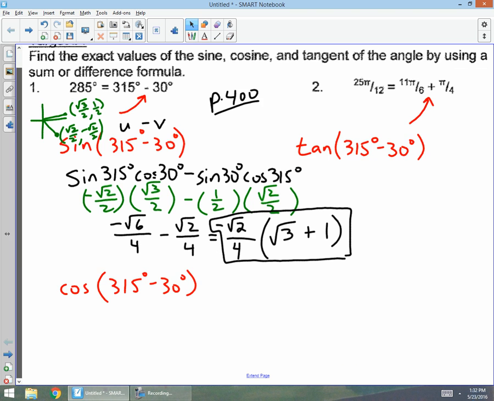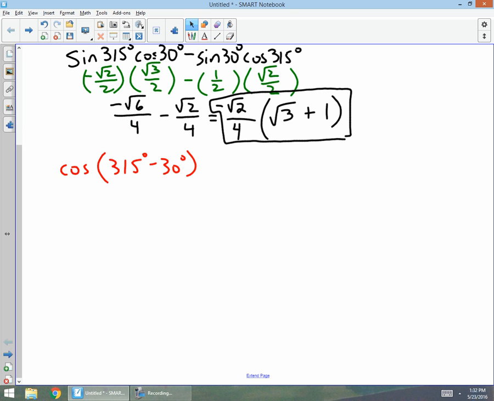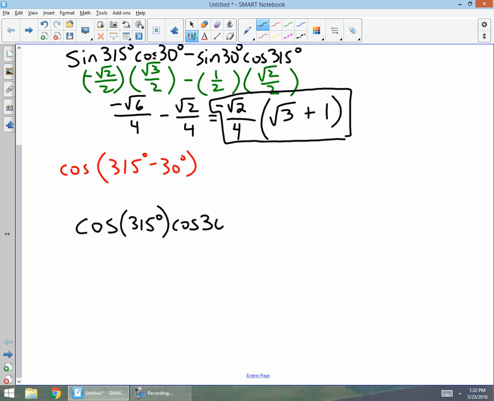Cosine, same thing, page 400 gives us the formula. U is going to be 315 degrees and V is going to be 30 degrees. Cosine's a little different because it goes cosine of 315 degrees, cosine of 30 degrees, and the parentheses are optional on this one. You don't have to have them, so I'll go ahead and take them off.